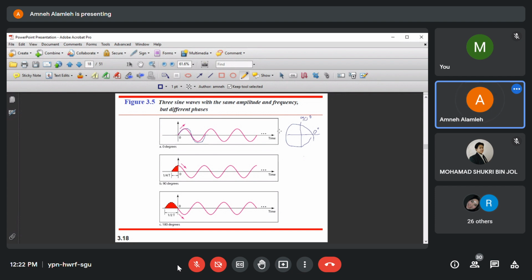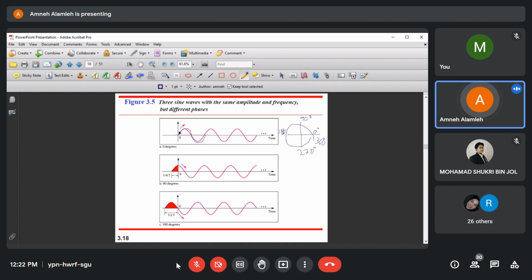This is 180. And this is 270 degrees. This is at time 0. This is at 1/4 the time. This is at half the time. This is at 3/4 the time. And this is the full time. This is 0 and also 360. This is a full, complete circle.